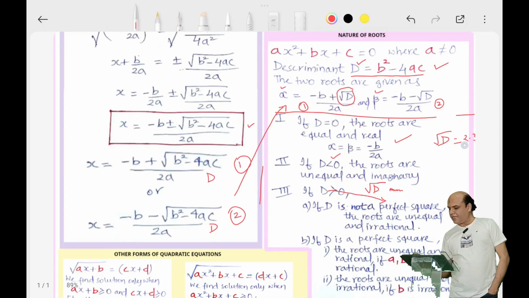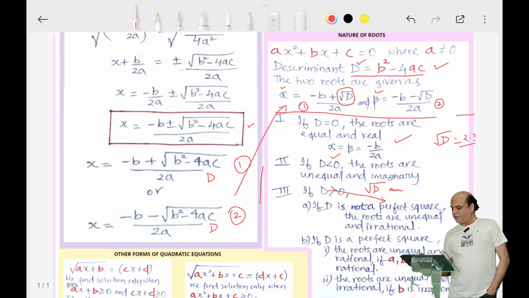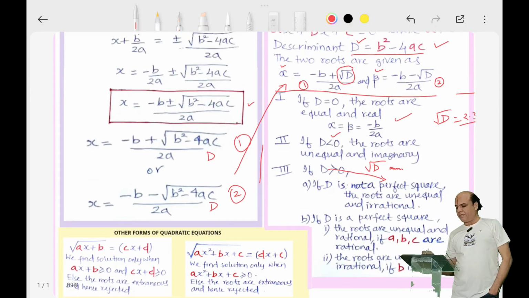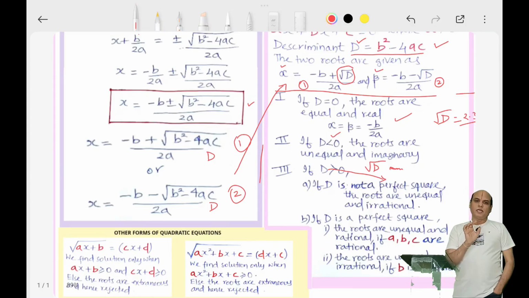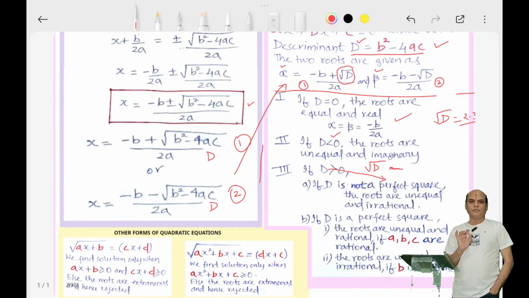It is not exactly an integer, so it has some decimal values. Then it is not a perfect square. So if your D is not a perfect square, then the roots are irrational. Clear?